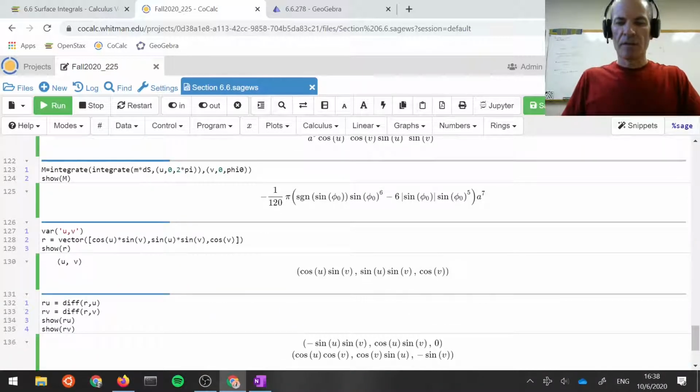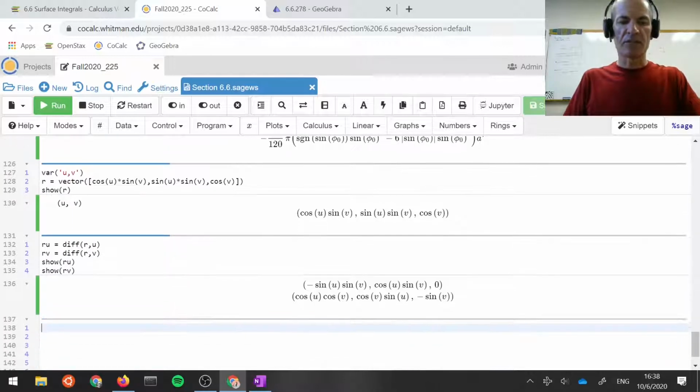That looks legit. Right, we see the 0 there in the z component on the u derivative. So all of this looks like stuff that we did in that previous calculation, so we should feel good about that. Let's get our hands on ru cross rv.